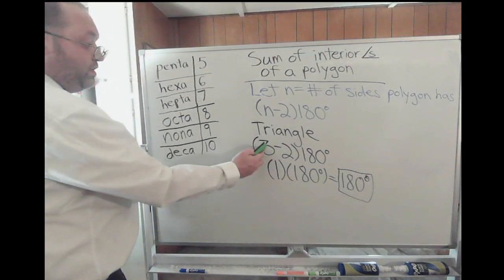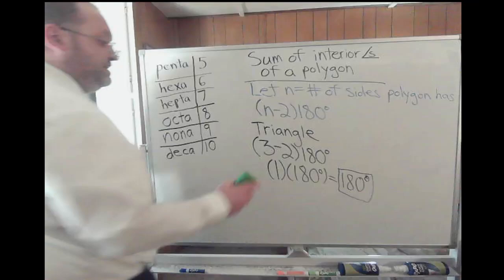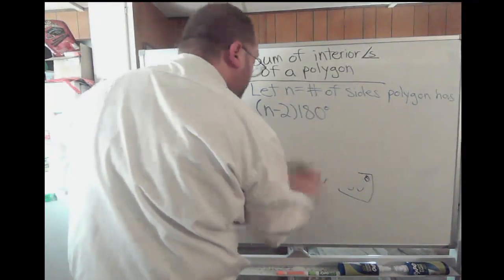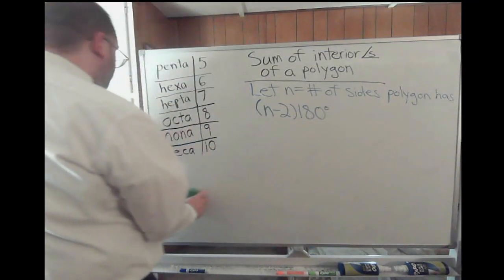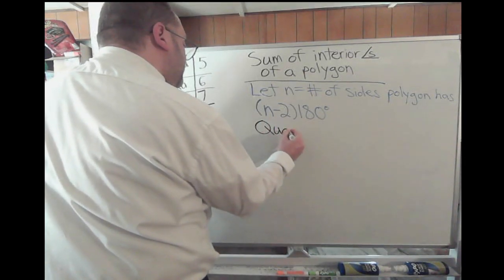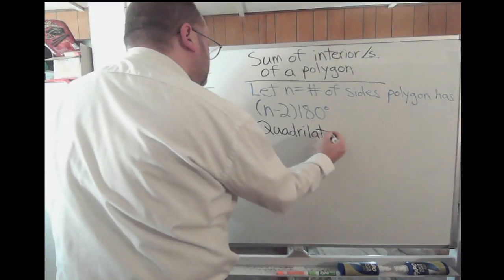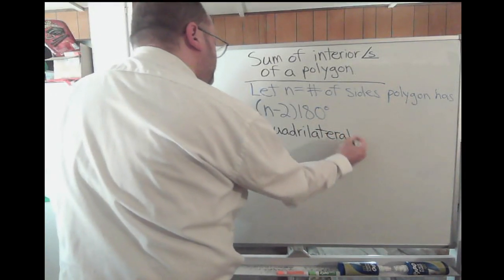If you stick 4 in there instead of 3, you would get 2 times 180, 360 degrees for a quadrilateral. So we'll do a quadrilateral.